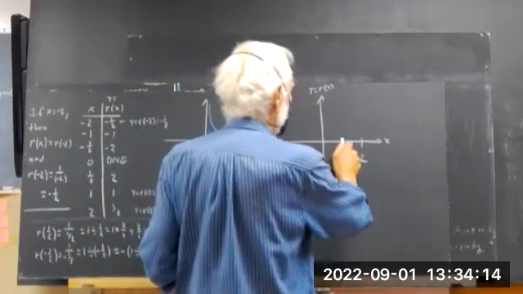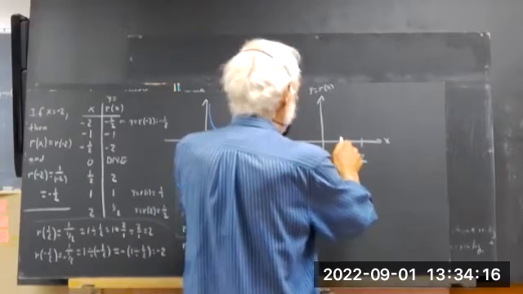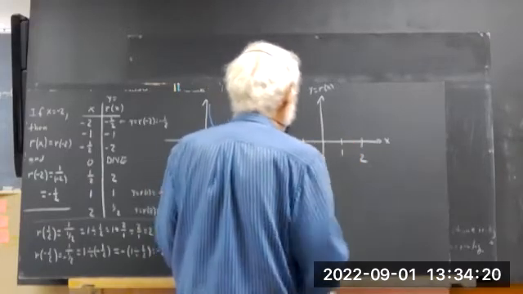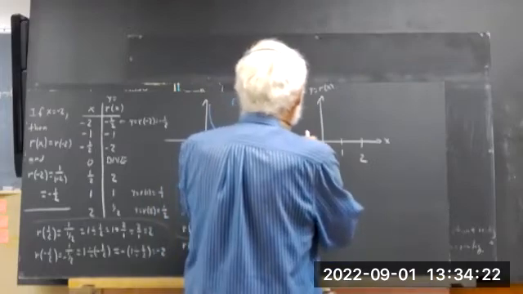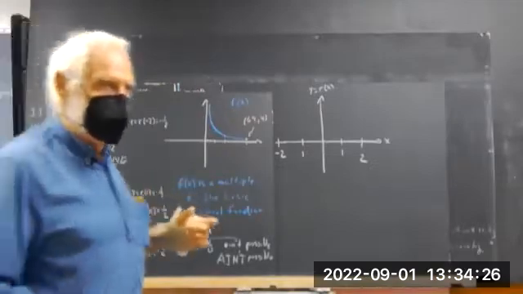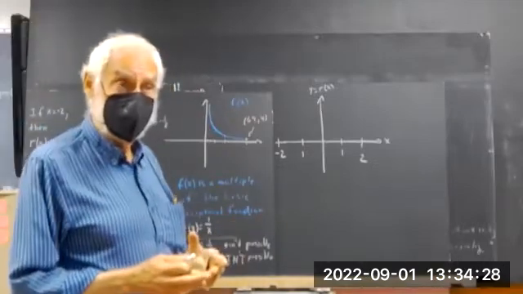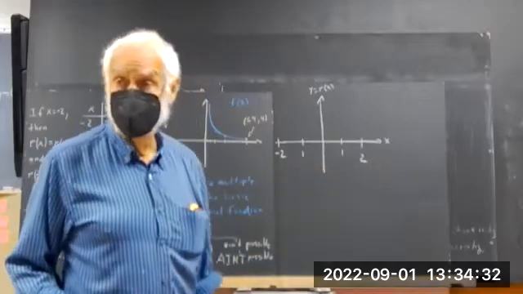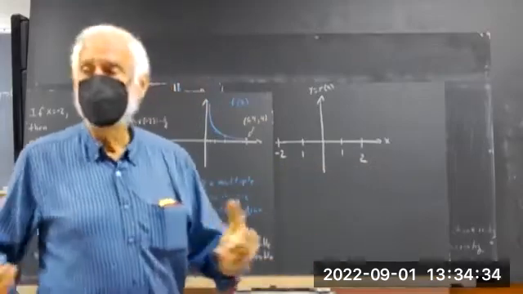So here's 2. And I cut this interval in half and I get 1. Cut this interval in half, I get 1. That's pretty good. Okay. And if I carefully cut the interval in half, I'm going to have a pretty even scale. So I'll get a pretty good picture of what the graph looks like.